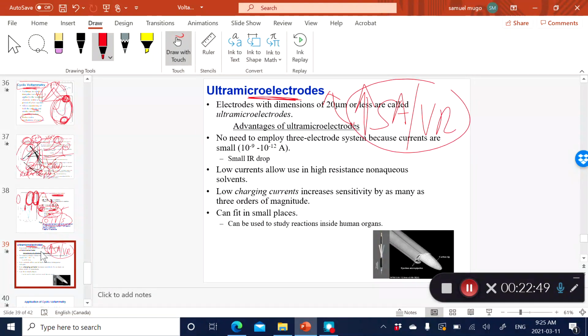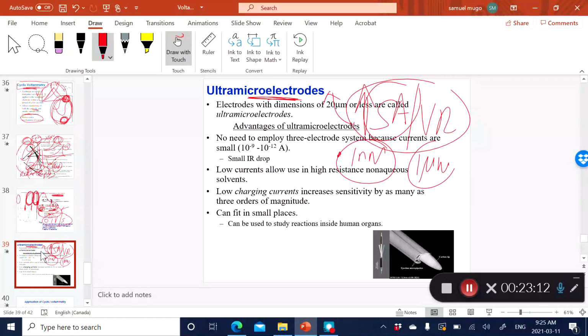That's the nature of any nanoparticle, or something that is very, very small. Even a 1 nanometer particle would have a higher surface area compared to a 1 micron particle.